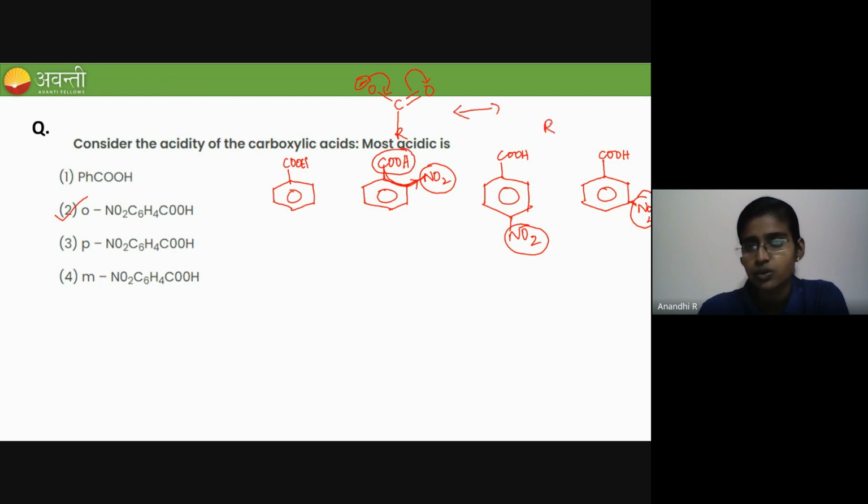We got two resonance structures, and through this resonance they get stabilized. That's why they are acidic in nature, because of the formation of a more stable carboxylate ion. Got it? Is this clear? Shall we move on to the next concept?